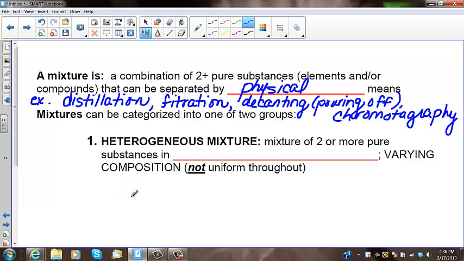First, we have a heterogeneous mixture, which is a mixture of two or more pure substances in different physical states. Meaning it has varying composition. It's not uniform throughout.